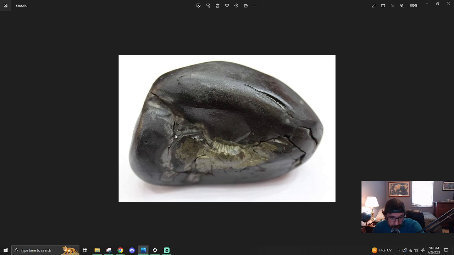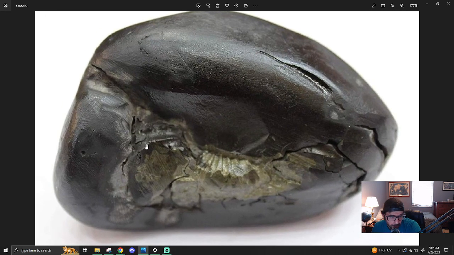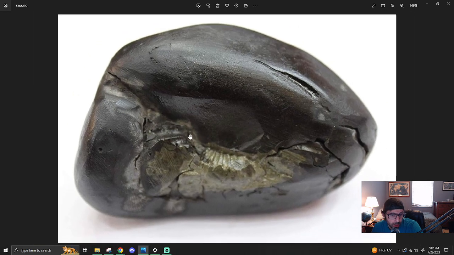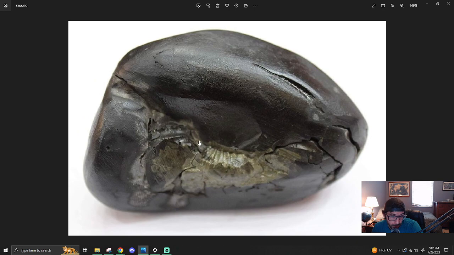We can kind of see the ammonite shape there going back into it with the ribs across there, and some dendritic structure etched into the surface. Similar to how this happens, it does it here.